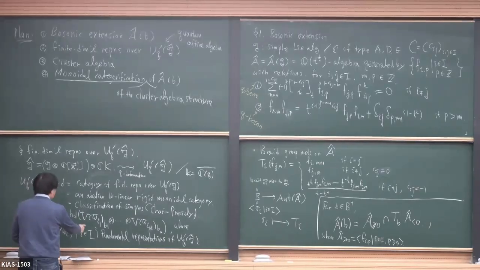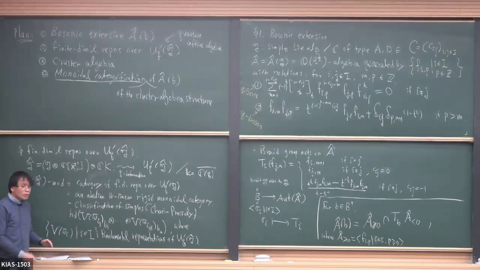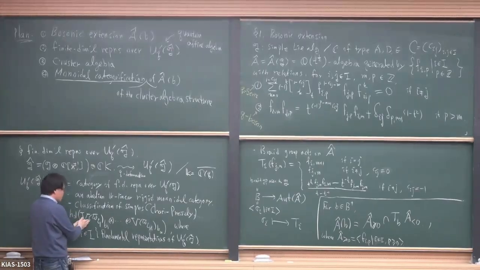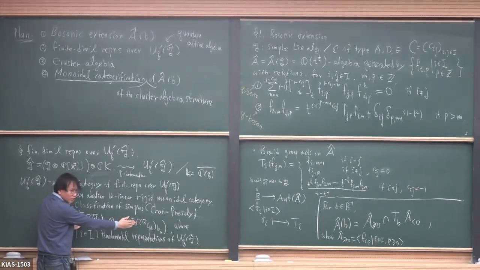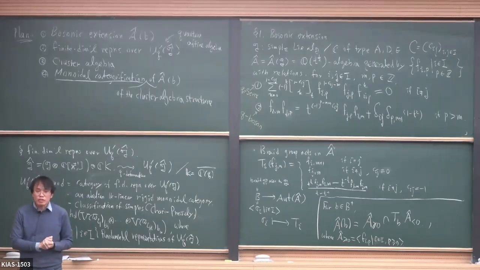The action is twisted by some automorphism, and the automorphism is defined depending on the choice of parameter. So we call this a spectral parameter shift. There are finitely many fundamental representations, and you can consider all the spectral parameter shifts, so there are infinitely many fundamental representations. If you take some ordered tensor product, then it has a simple head, and those simple heads exhaust all the simple objects in this category.